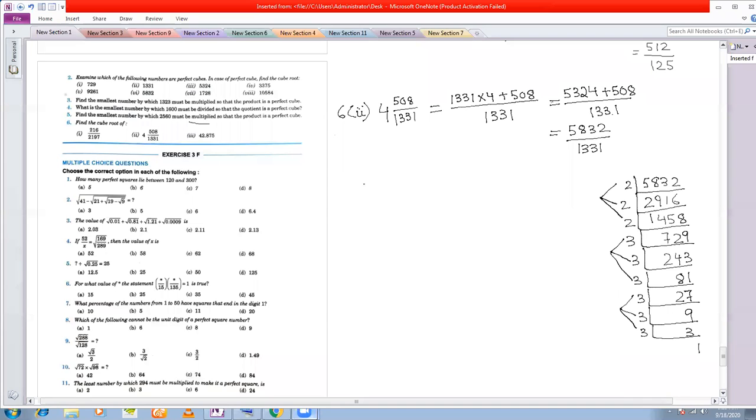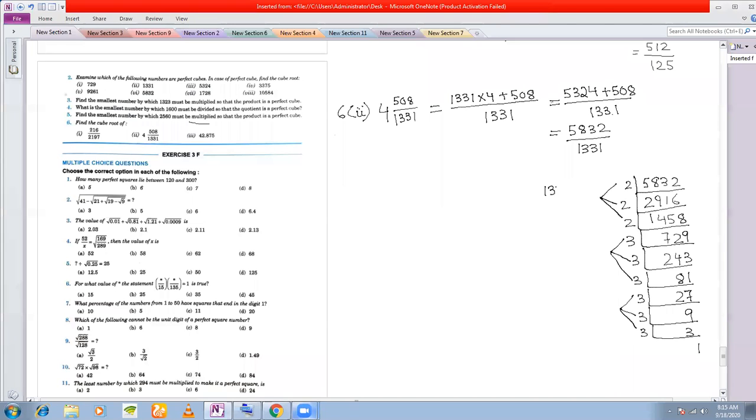Okay. And what is 1331? 1331, you know, is 11 cube, right? 1331 can be prime factorized as only with 11.